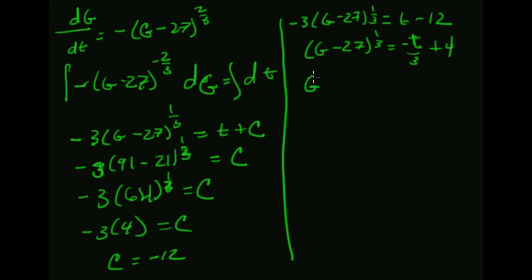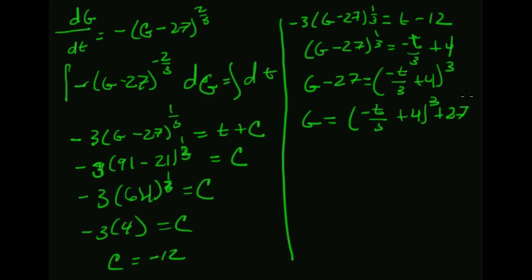Cube everything. G minus 27 is negative t over 3 plus 4 cubed, and then isolate the G. Negative t over 3 plus 4 cubed plus 27.